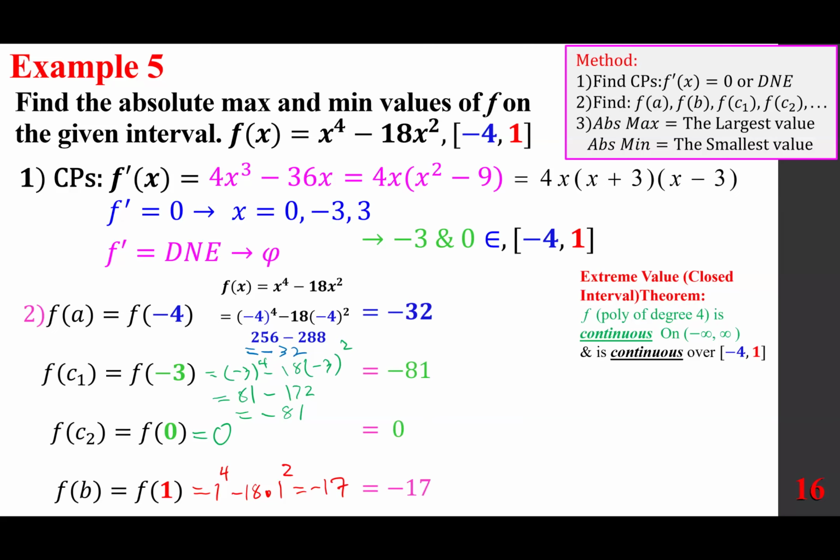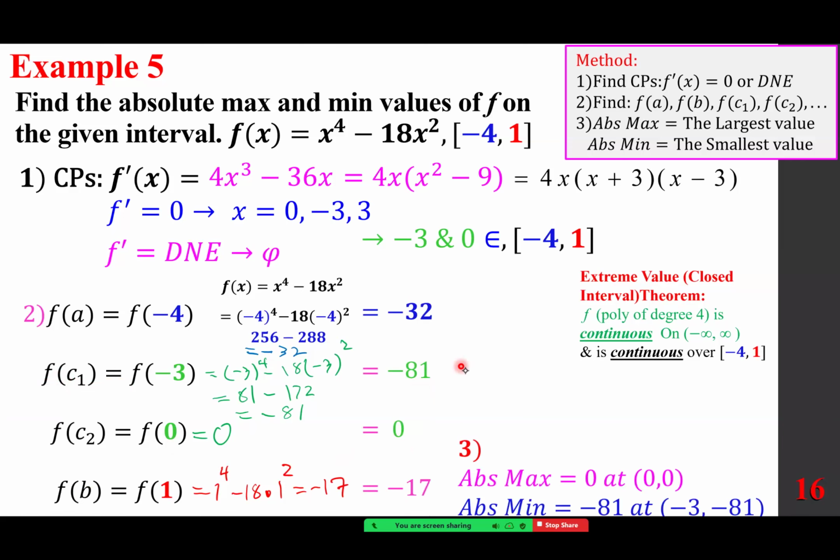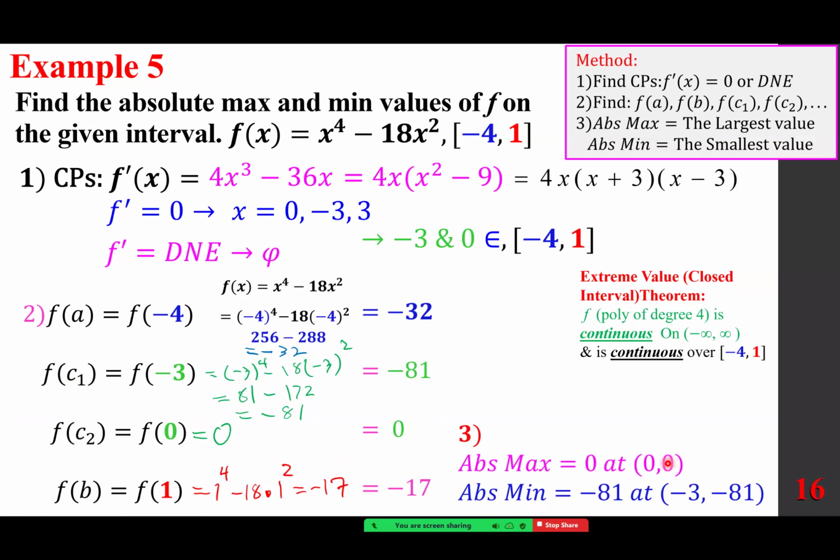And so we write, all of them are negative except 0, so that's the absolute max at this pair, 0, 0. This is the smallest value, so that's the absolute min at this pair. We write absolute max is 0 at 0, 0.